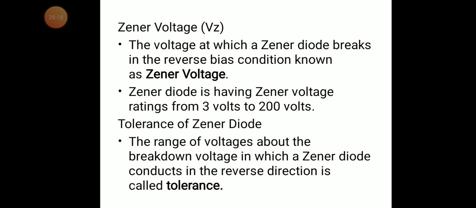The voltage at which a Zener diode breaks down in the reverse bias condition is known as the Zener voltage. Each diode has its own Zener voltage.